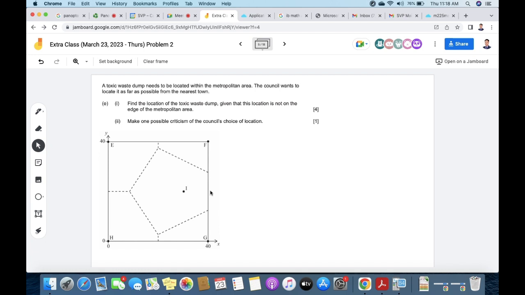So try to think about it first. What could be our possible choices for the location of the toxic dump? Try to find out locations here which could be as far as possible from the five towns. Or what's the best location within this diagram that could be as far as possible from the five towns.